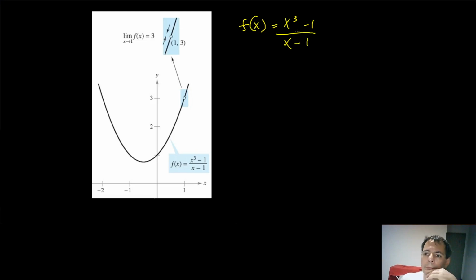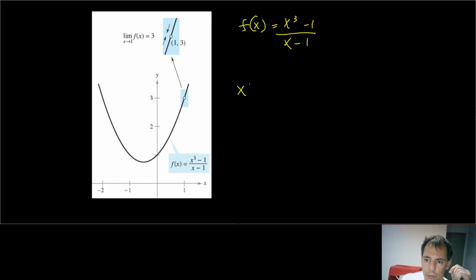Now, you can see that this is going to be a factor of x cubed minus 1. Why? Because x equals 1 is one of the roots of this numerator.